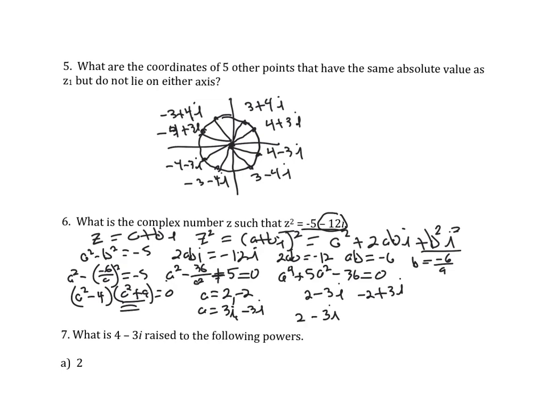So we'll end up right back where we were here. So we end up with 2 minus 3I and -2 plus 3I as our two values that are the square root of -5 minus 12I.